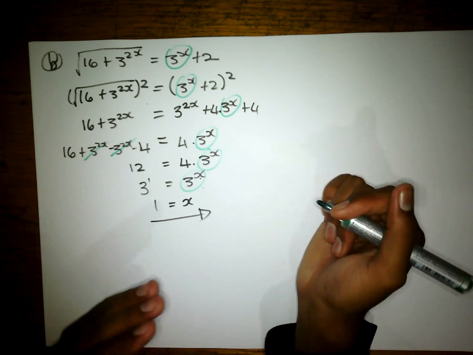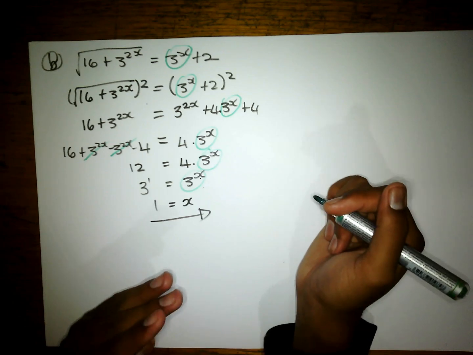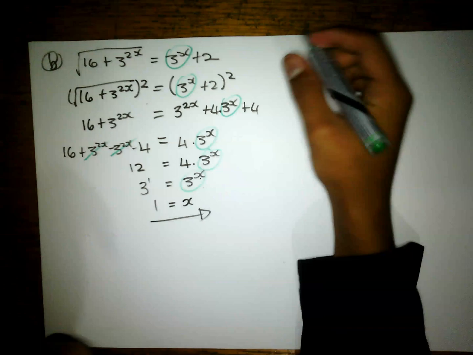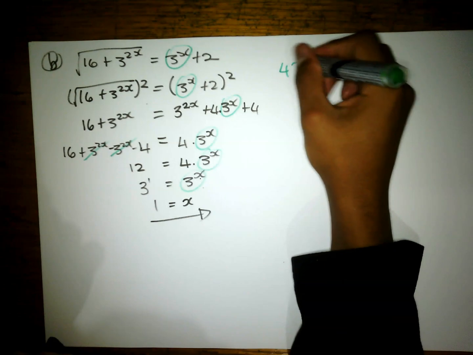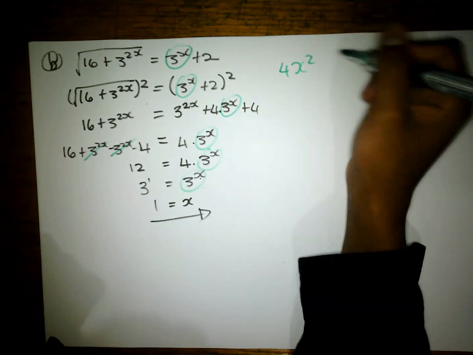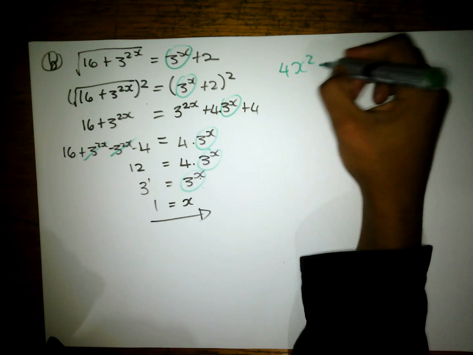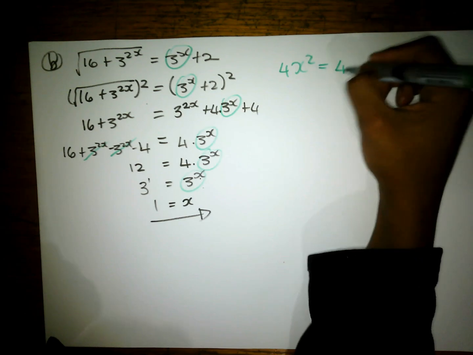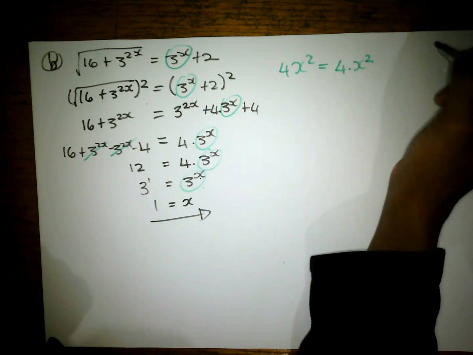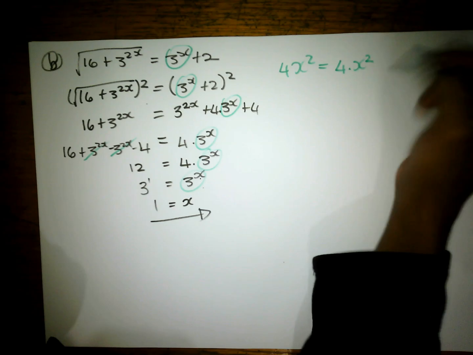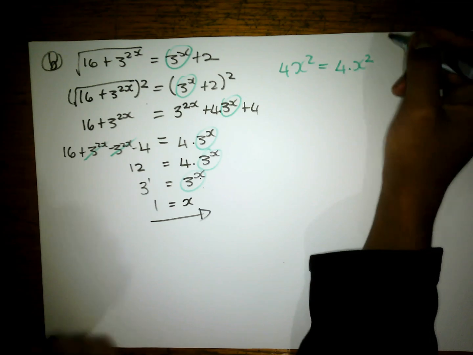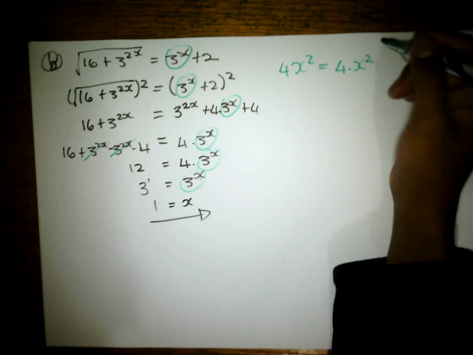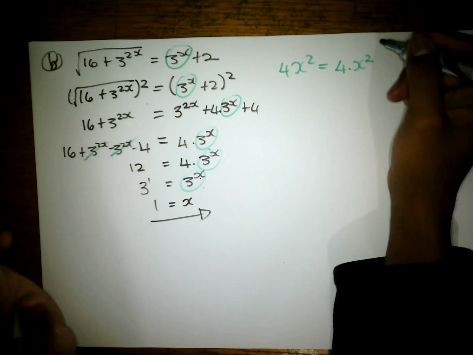It's almost like saying 4x squared. 4x squared is the same as saying 4 times x squared. They are not one thing, they are two things together.